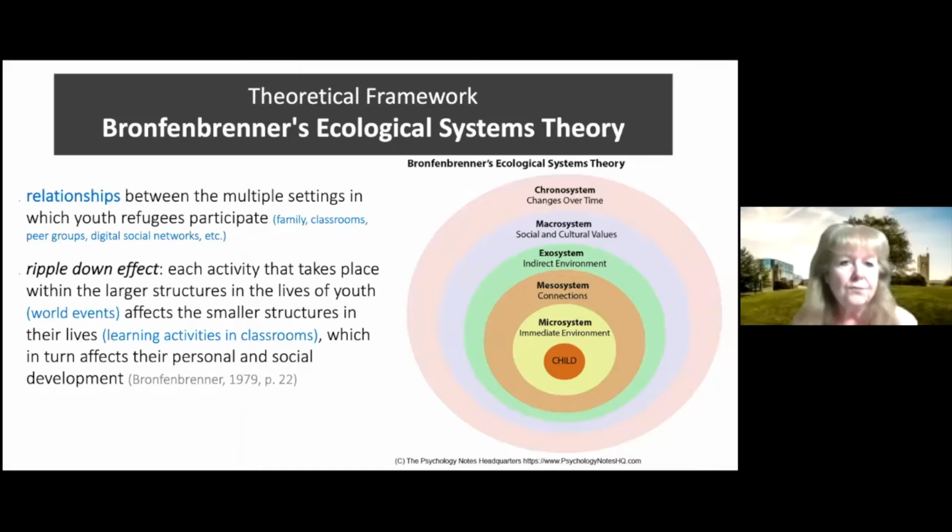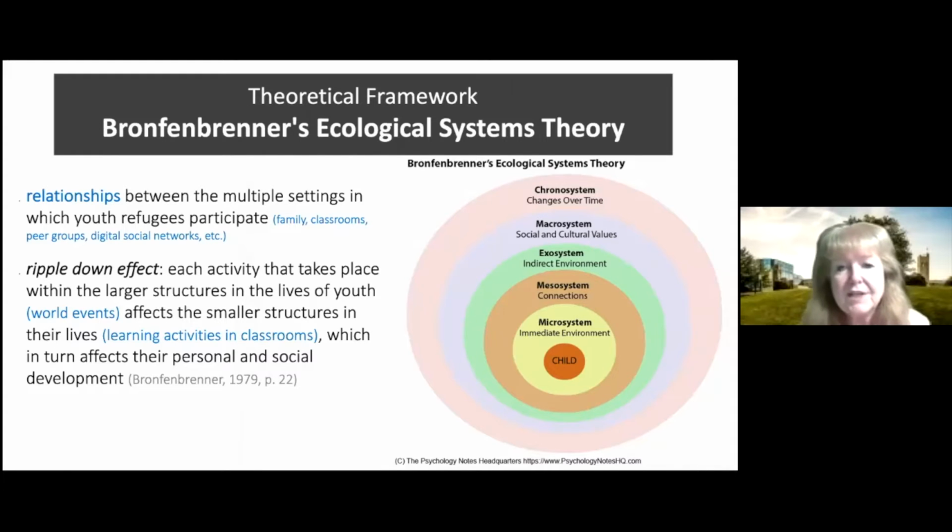For a theoretical framework, we drew on Bronfenbrenner's ecological systems theory, and it has a nested arrangement of concentric structures, each contained within the next, sort of like Russian dolls. And so it's the relationships between the multiple settings. So beginning with the micro, the individual, the family, moving out to classrooms, peer groups, digital social networks.